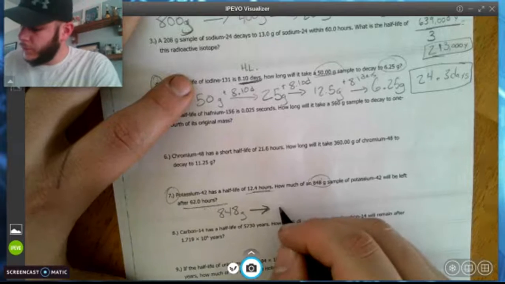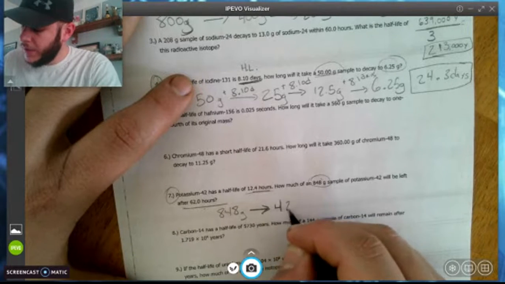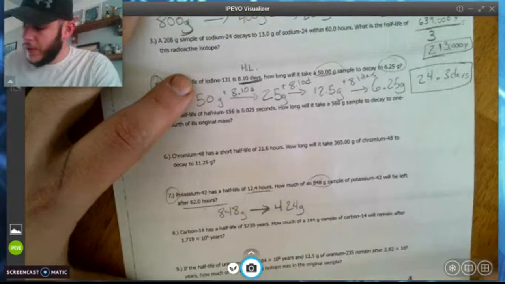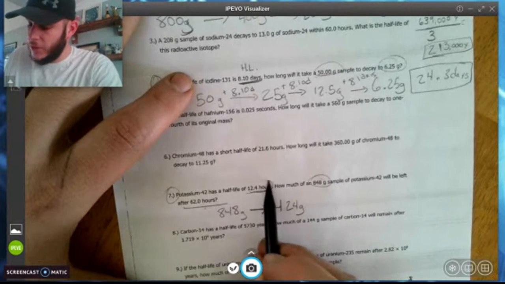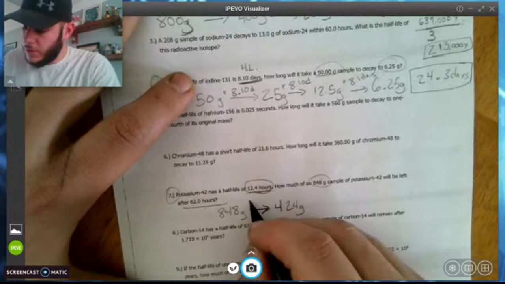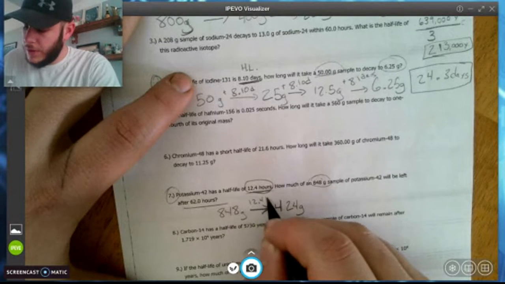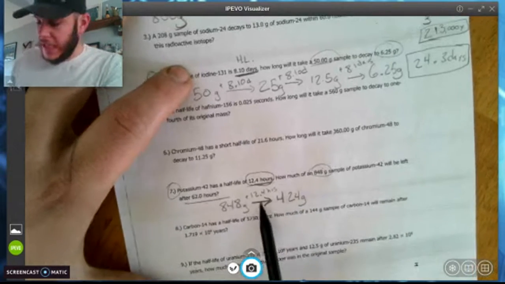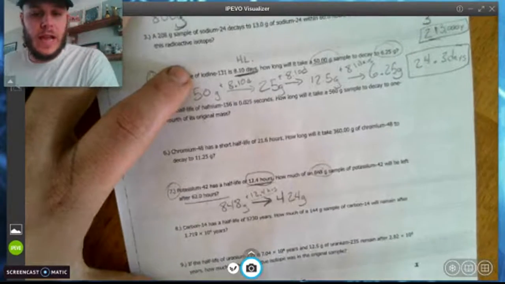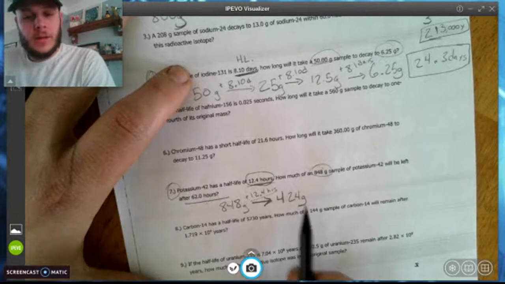Half. So 424 grams. The time that it took is designated by this right here, 12.4 hours. So at this moment, we've only elapsed 12.4 hours to go from here to here.